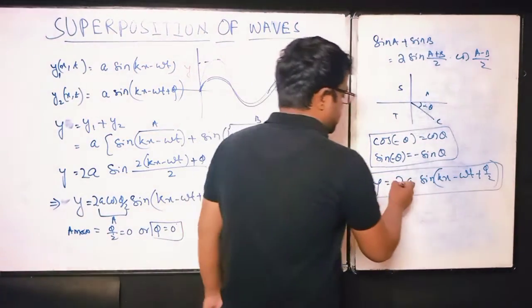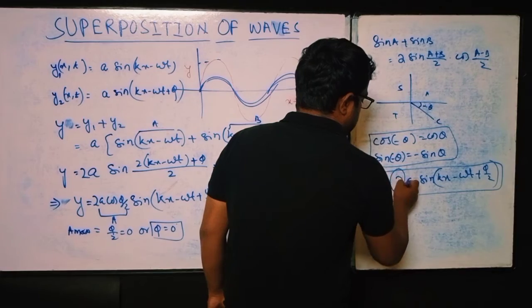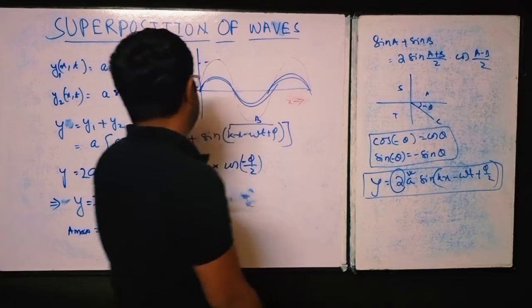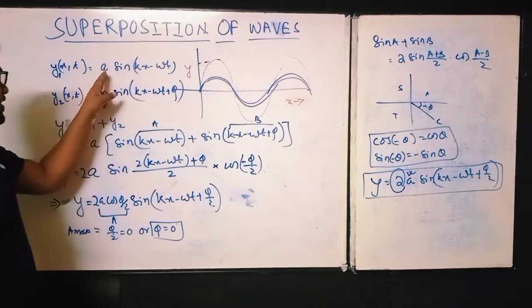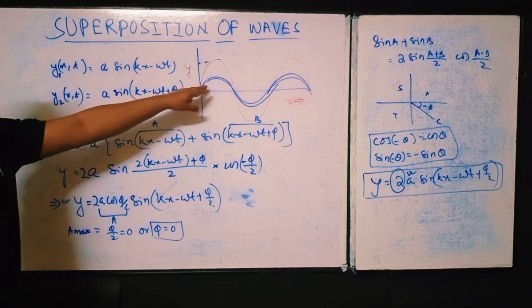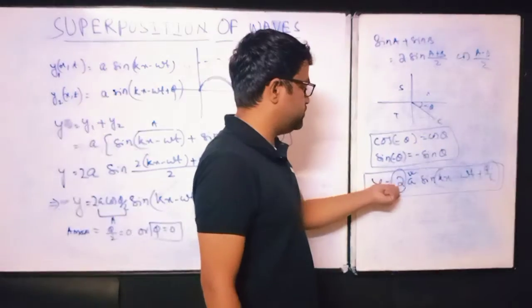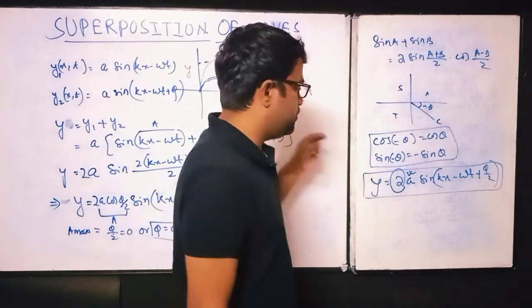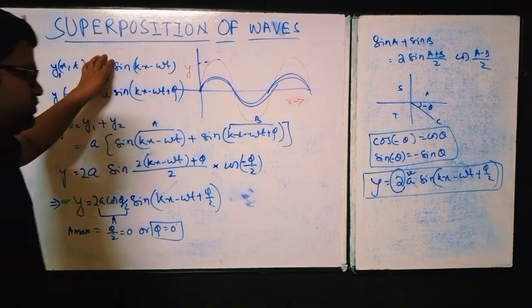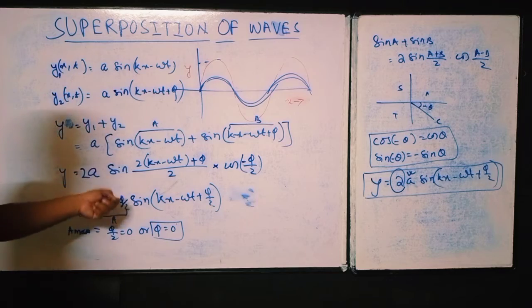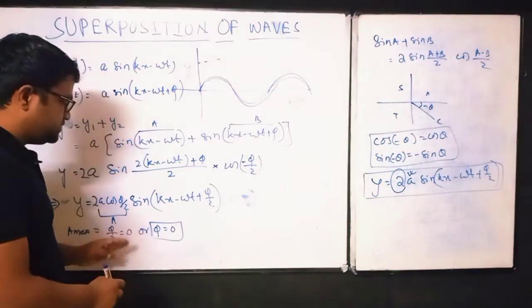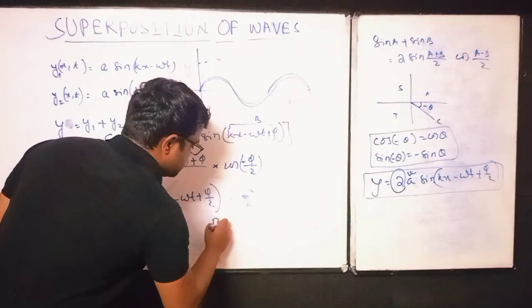The amplitude will be 2 times the initial amplitude of the wave, because we have taken amplitude a for the individual wave. So for maximum amplitude, the resultant is twice the individual amplitude. This is the case for constructive interference, or brightness.